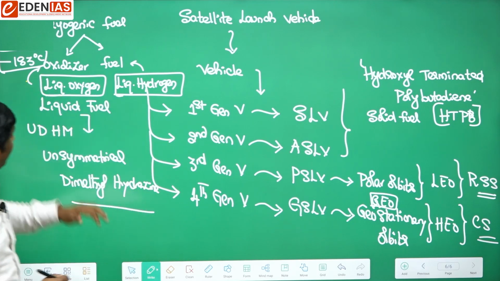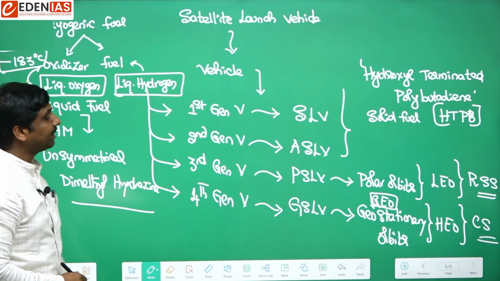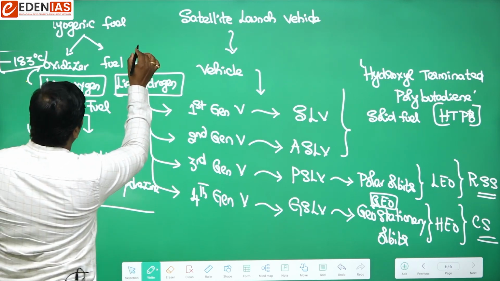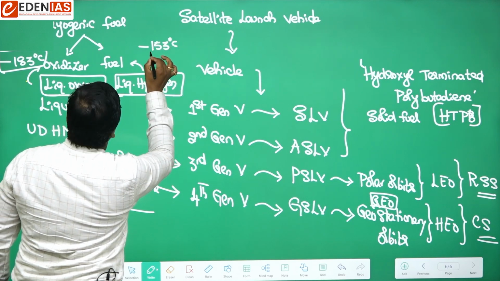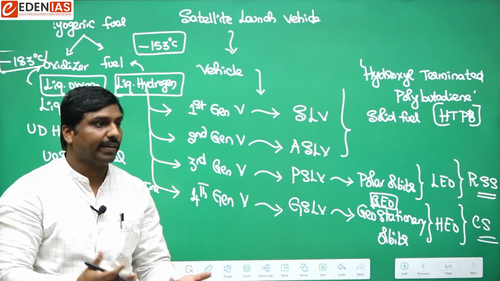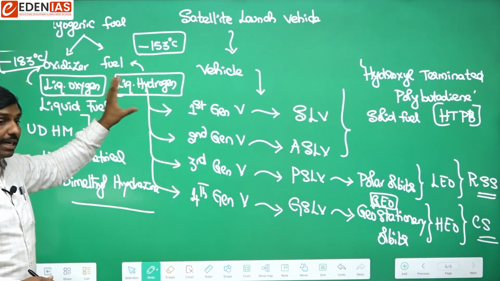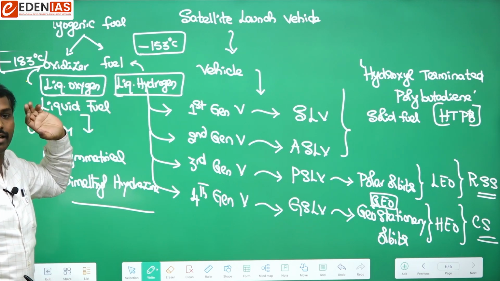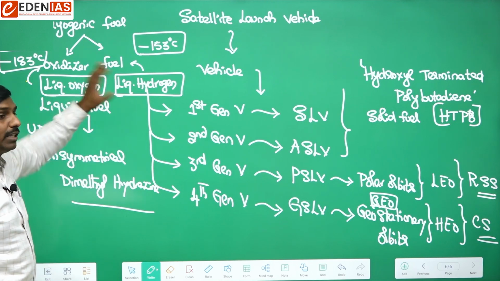So that much would be the low temperature. Okay, and in a similar fashion, if we talk about liquid hydrogen, hydrogen when it is subjected to around minus 253 degrees centigrade, then it gets liquefied. Hydrogen gas gets liquefied. So at this temperature we will use them. So at this temperature they will behave like cryogenic material. So that's how cryogenic fuel and cryogenic engines will use these 2 things.